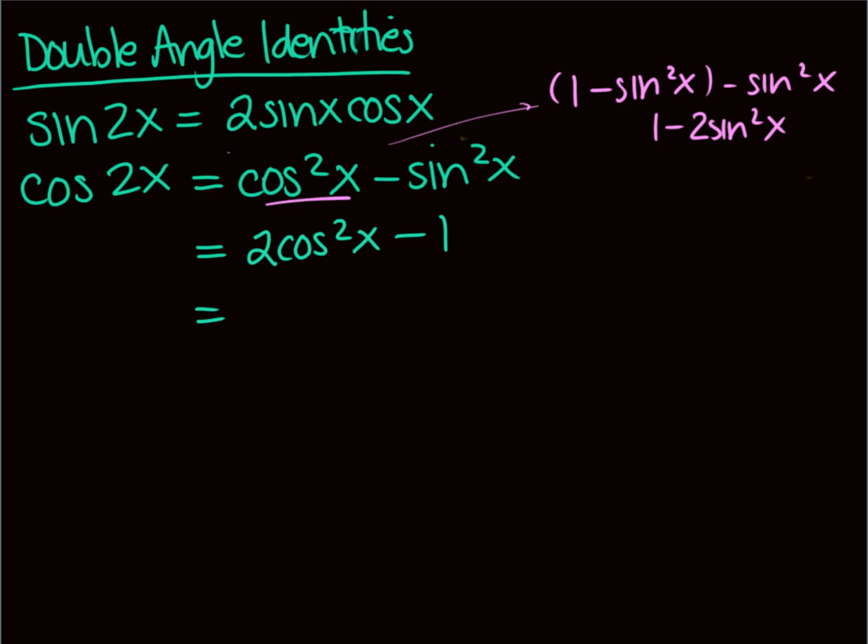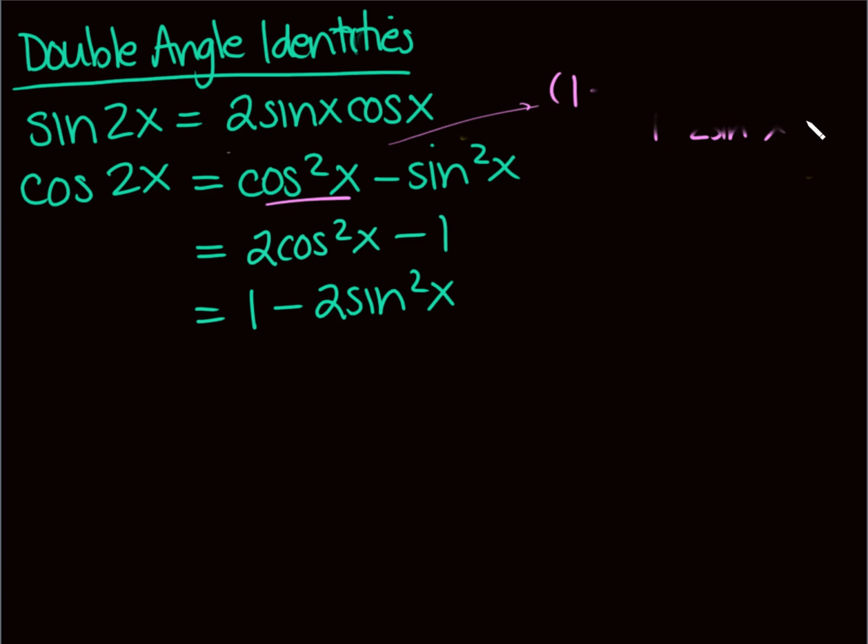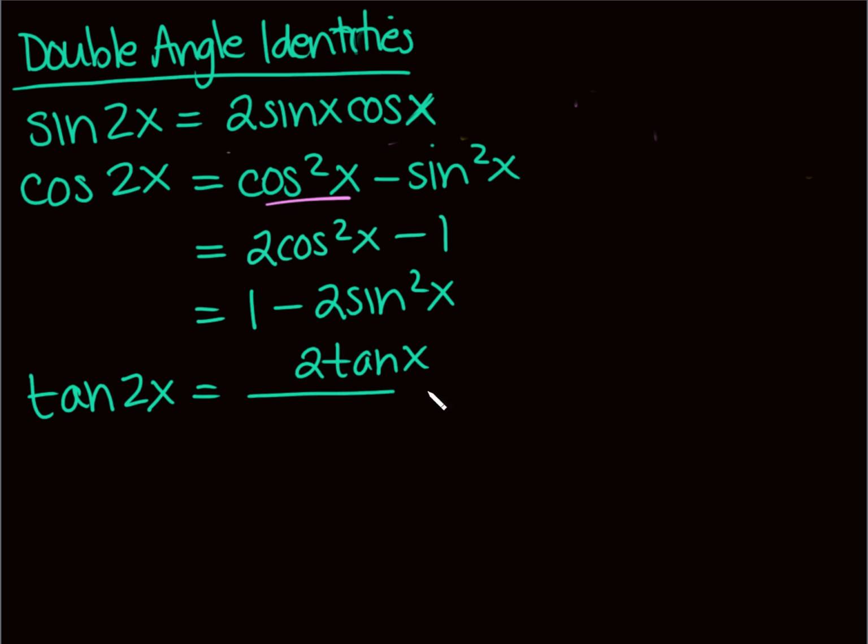You don't have to memorize these necessarily. You do need to know cosine squared minus sine squared, and then you can get to the other ones by just replacing those cosine squareds and sine squareds with the resulting Pythagorean identity, okay? And then finally, what did we get for tangent of 2x? Tangent of 2x was 2 tangent x all over 1 minus tangent squared.